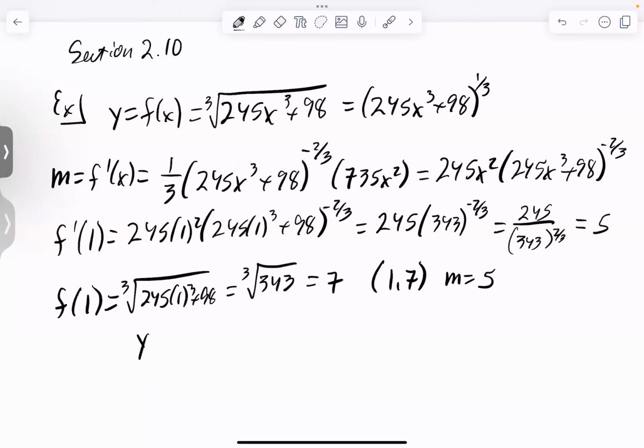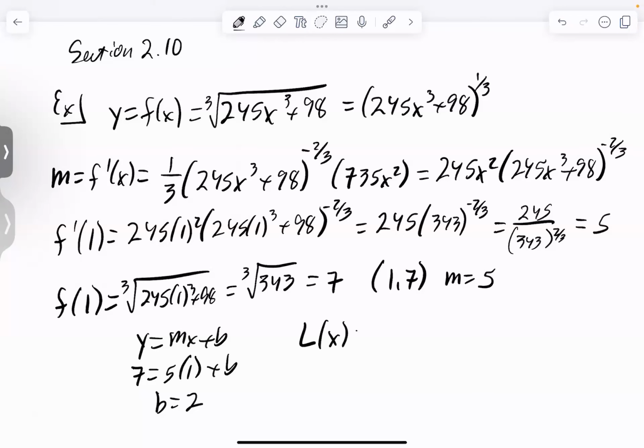y equals mx plus b. We have an x, we have a y. It looks like b is 2, which means our linear approximation is going to be 5x plus 2. So there is our first answer.